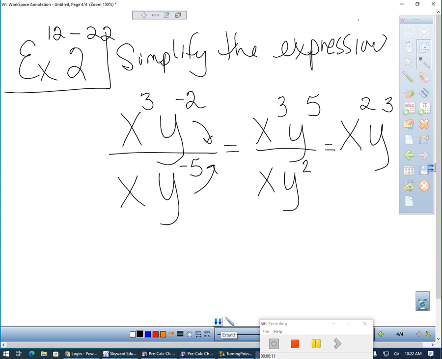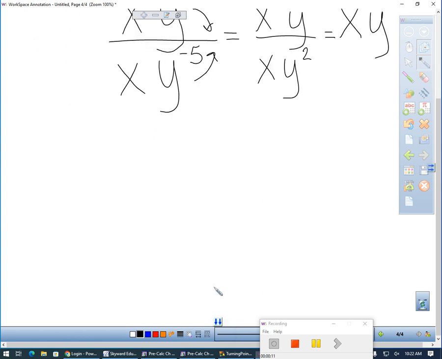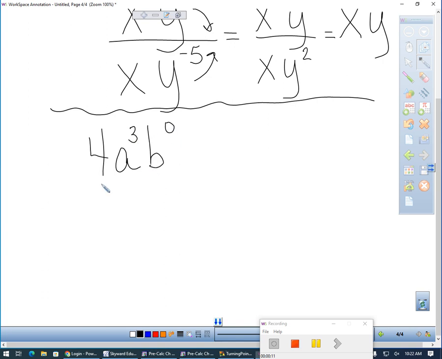Numbers, coefficients. Let's put some coefficients in here. Let's say I have 4a to the third, b to the 0, over, how about 6a to the 5th.